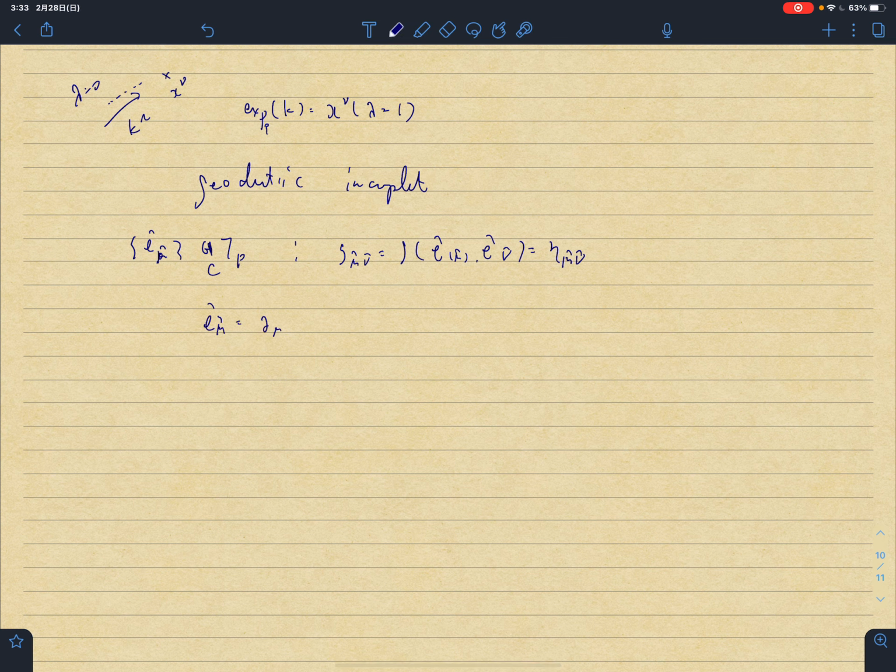The coordinate basis is e_mu equal to partial_mu, such that the first partial derivatives of the metric will vanish. In fact, the exponential map achieves this automatically. For any point Q, there is a unique geodesic path connecting P to Q, and a unique parameter lambda such that we have lambda at P and lambda at Q. At P, the tangent vector k to this geodesic can be written as a linear combination of our basis vectors, k^mu e_mu.